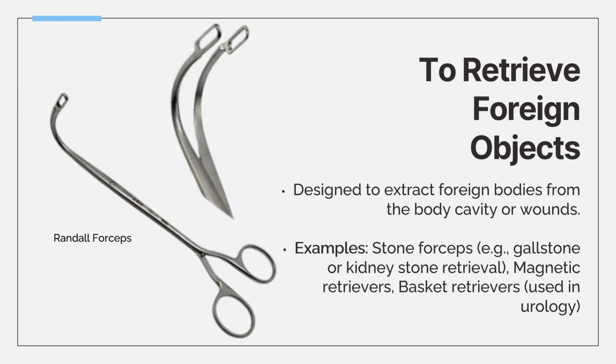They're designed to safely and effectively remove foreign bodies, such as shards of glass, metal, or other debris from the patient's body. These instruments are distinct from general grasping tools because their primary function is object retrieval, not simply holding or manipulating tissues or structures during a surgery.